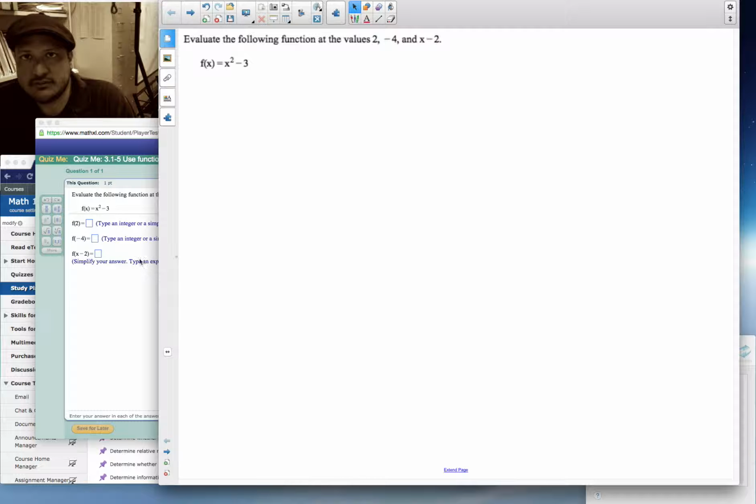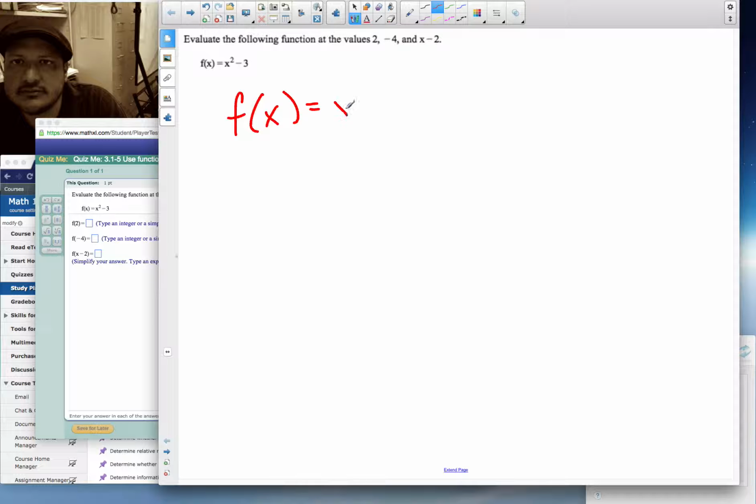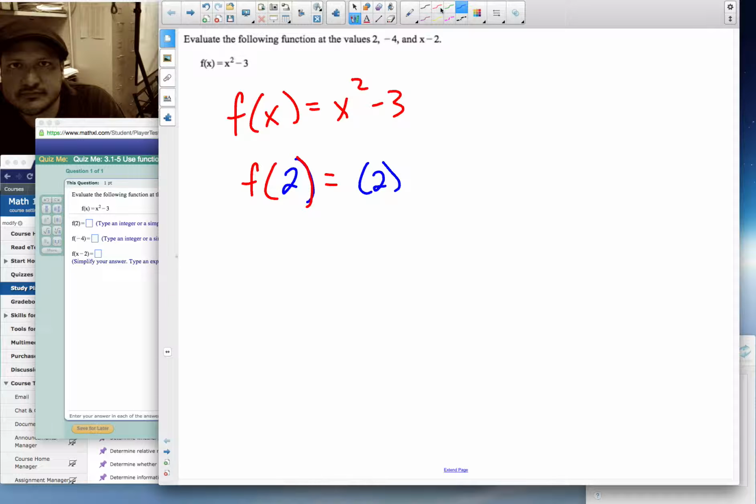Okay, so first one we're going to calculate: if f of x equals x squared minus 3, that means f of 2 equals, well, wherever I see the x, I'm going to put in a 2 squared minus 3, which is 4 minus 3, which is 1.